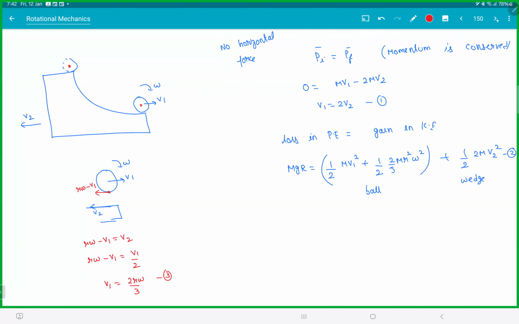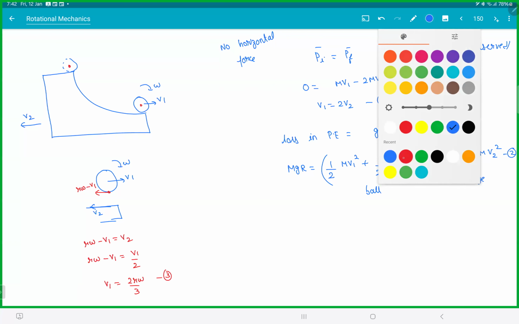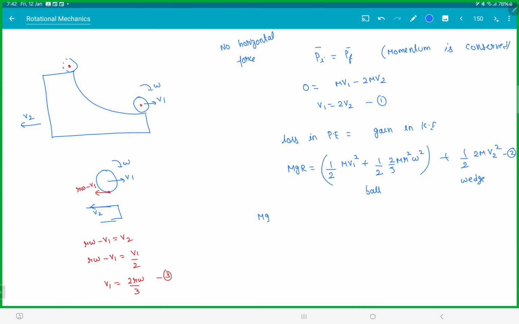Please check. See where you messed up, Lakshika. That's not the answer, I guess. So now substitute mgR equals half mv1 square, this is 1 by 5, R omega is how much? R omega is 3v1 by 2, whole square, plus m v2 square, that is v2 is v1 by 2 whole square.